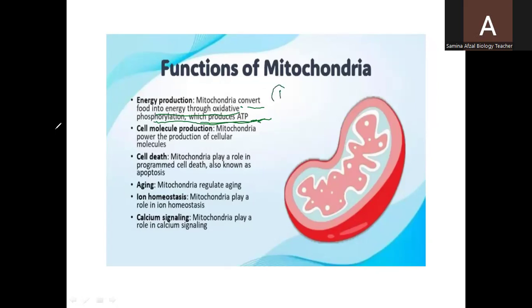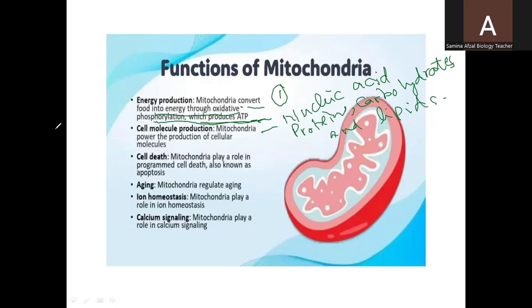This is the first very important function. Then, cell molecule production. Cell molecules are the fundamental building blocks of the cell. They can be classified into four major classes: nucleic acids, proteins, carbohydrates, and lipids.